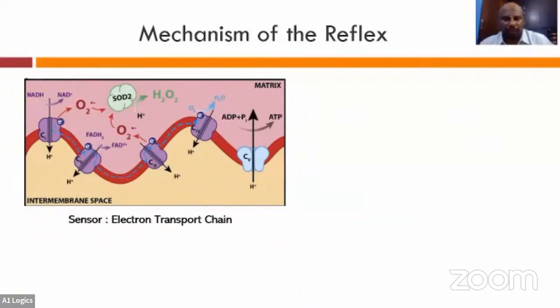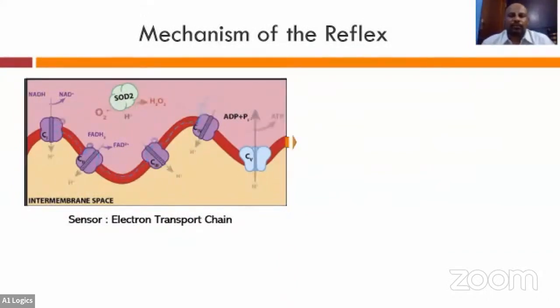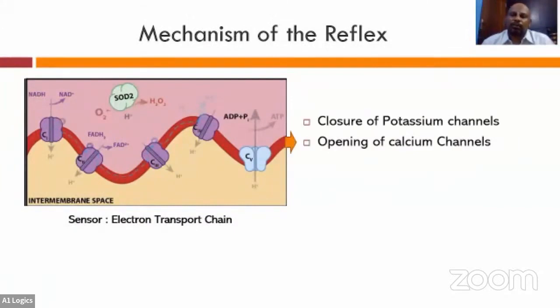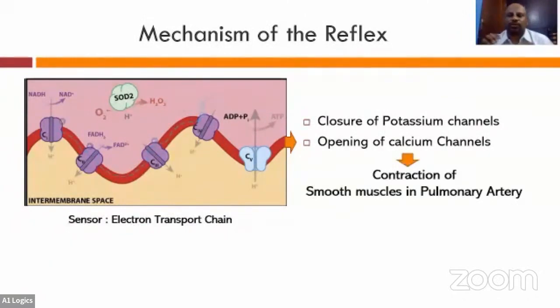The NAD will go down, the FAD will go down. The reactive oxygen species generated by the electron transport chain also will go down. That is sensed by the potassium channels, which close, and the Rho-mediated calcium channels open, and a lot of calcium enters the pulmonary artery smooth muscle. Because of this, the pulmonary artery smooth muscles contract and produce HPV.